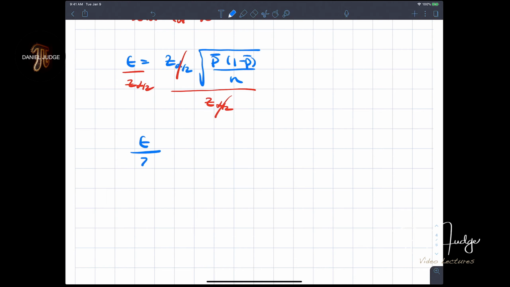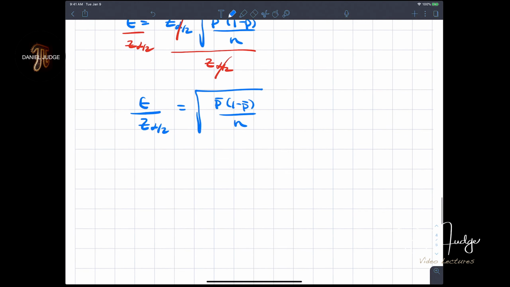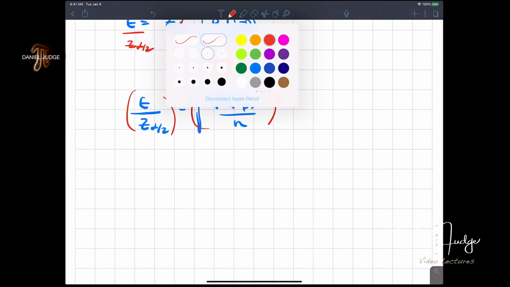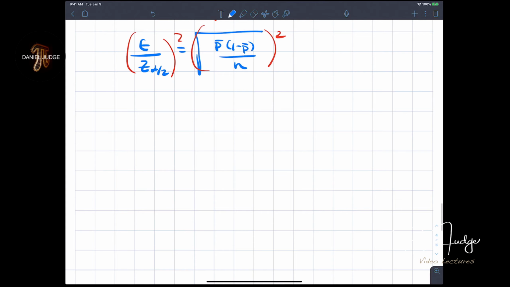E over Z alpha over 2 is square root of sample proportion 1 minus the sample proportion over the sample size. And again, to get rid of the radical, we square both sides using algebra. And we end up with E over Z alpha over 2 to the second power becomes sample proportion 1 minus the sample proportion over the sample size.